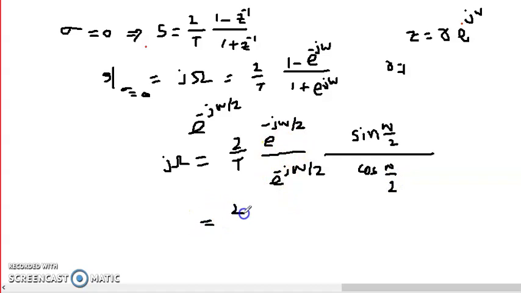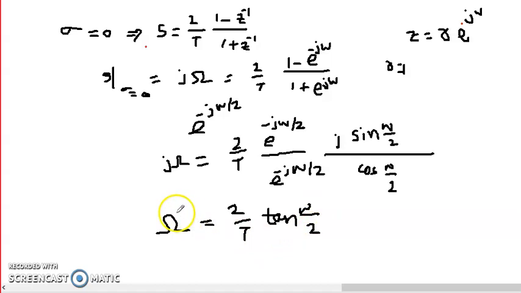That is, 2 by T will be tan of omega by 2. And of course j also comes here, so j and j get cancelled, so capital omega will be 2 by T tan omega by 2.